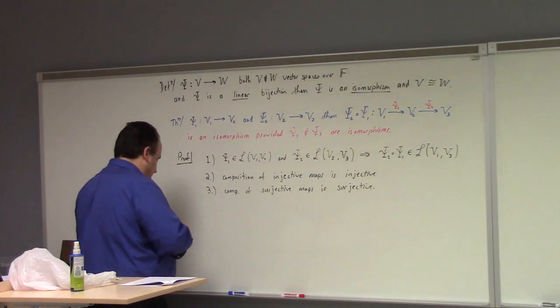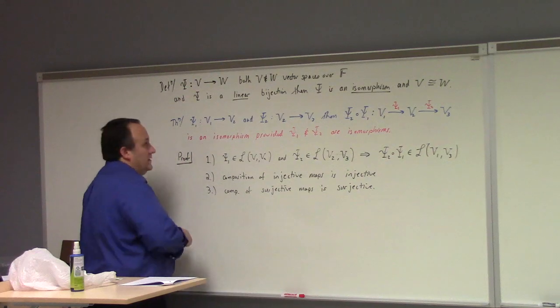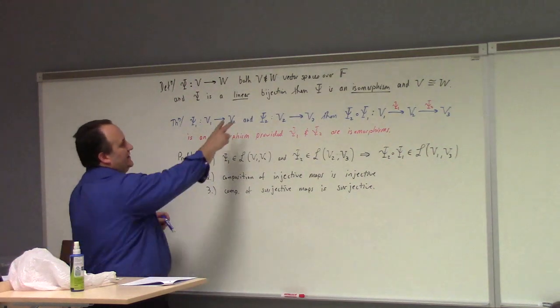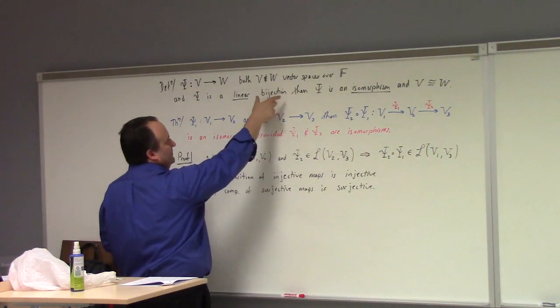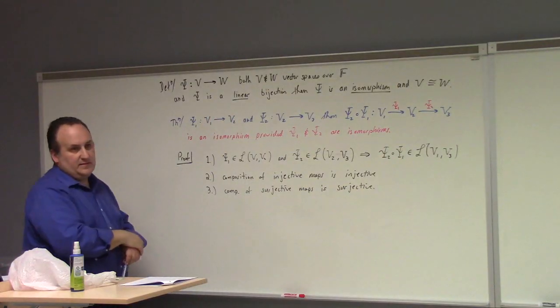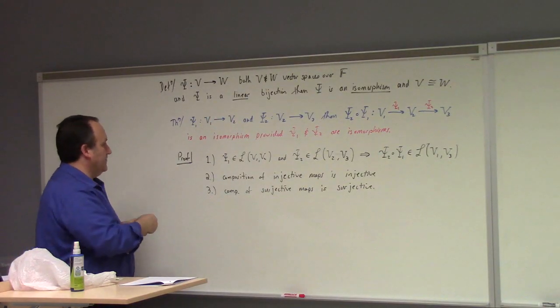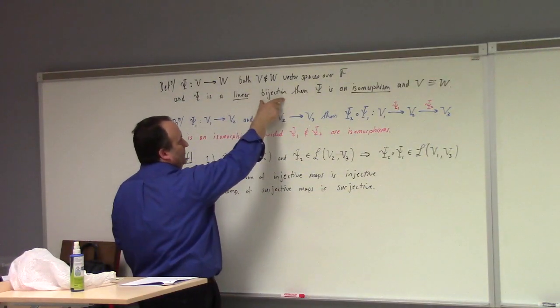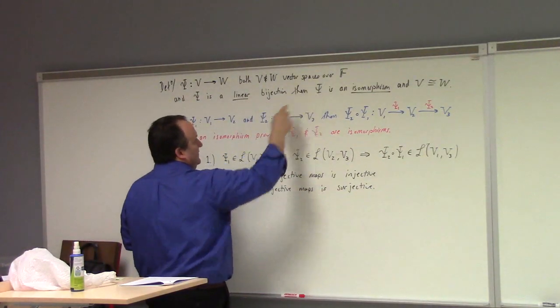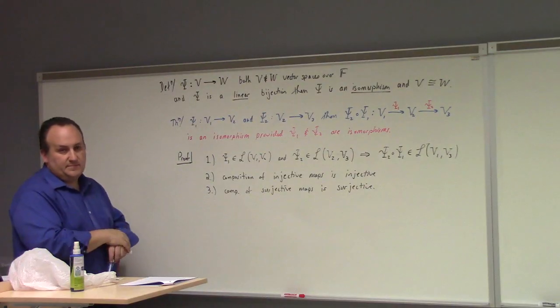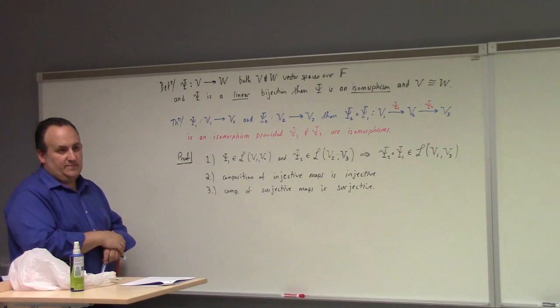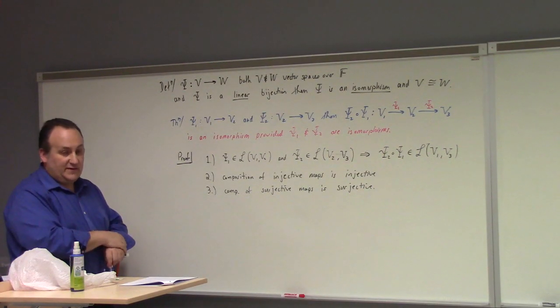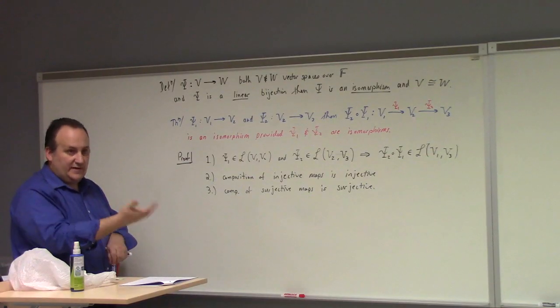And likewise, you notice that I say a linear bijection? That's enough. That automatically gives us that, what? If it's a linear bijection, then by our previous theorem, we know that psi inverse is also linear and bijective, right? And that's why I'm correct to say that the inverse of an isomorphism is also an isomorphism.